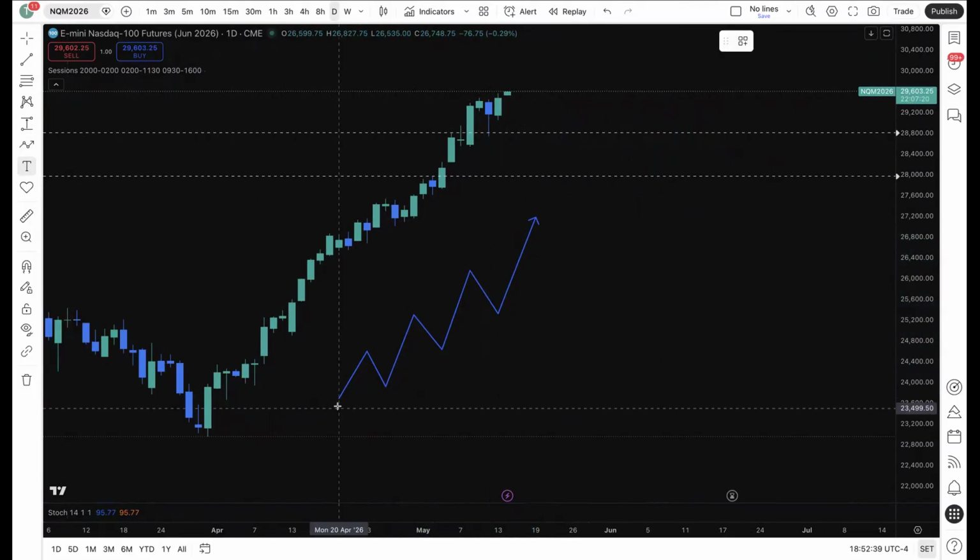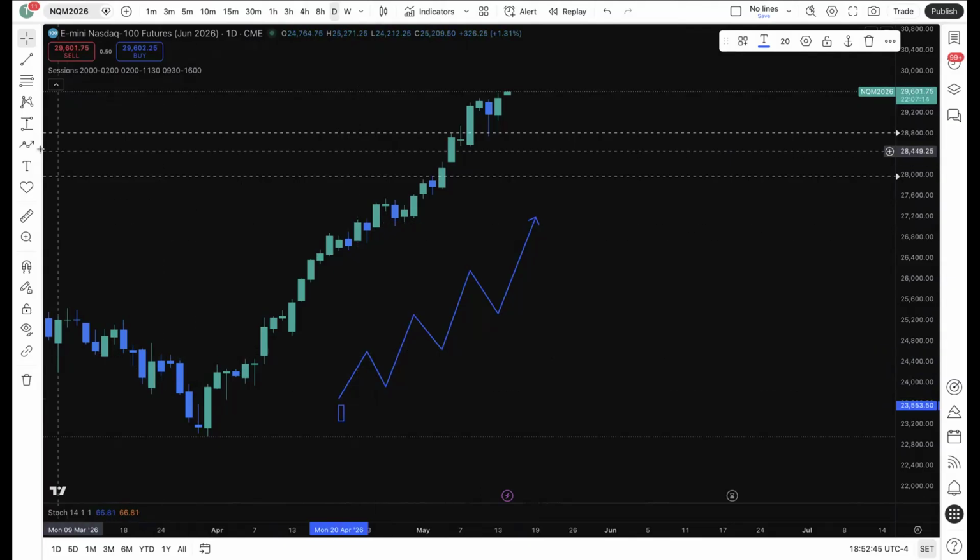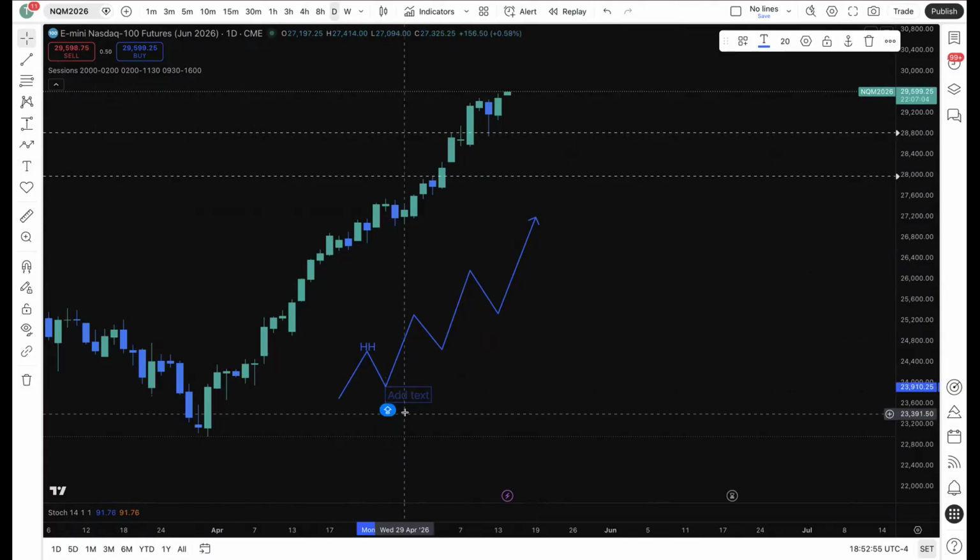Now, if only the market actually moved that simple all the time. But what I'm saying is higher highs, higher lows. So this is higher. Well, not this one, we'll put it here. Higher high, higher high, and then a higher low. Same thing, higher high.